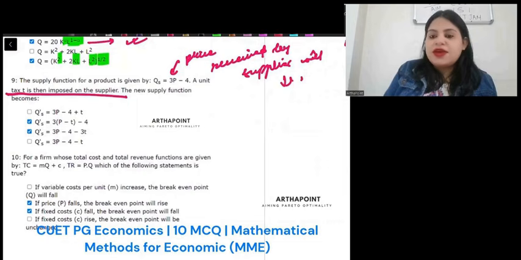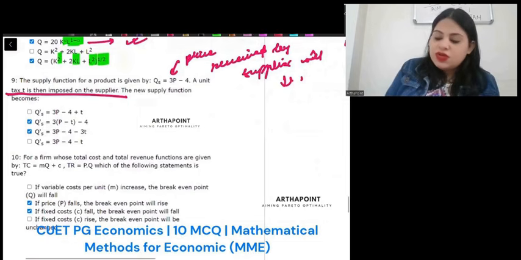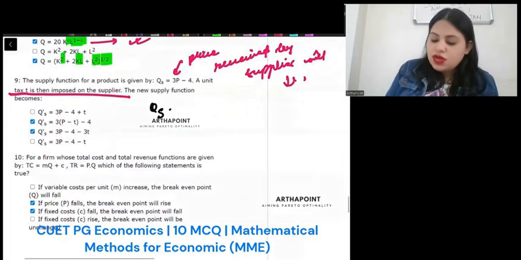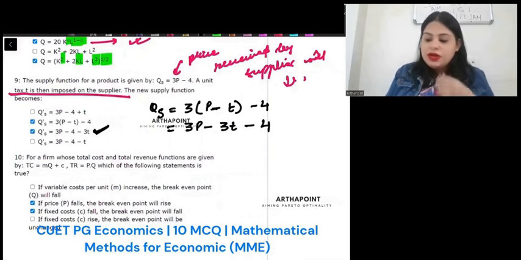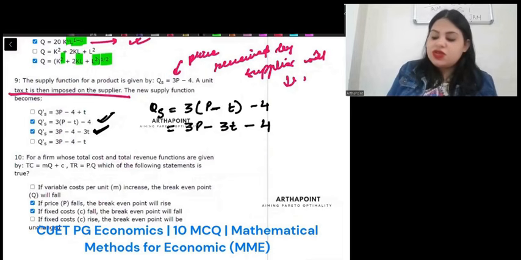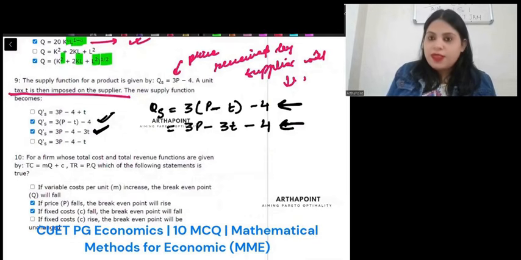So beta, the new supply function will be the old supply function with P minus t. So this will be 3p minus 3t minus 4. So this is correct. 3p minus 3t minus 4. And the same thing is written here too. So this is the first version and this is the second version. So both are correct. Right?